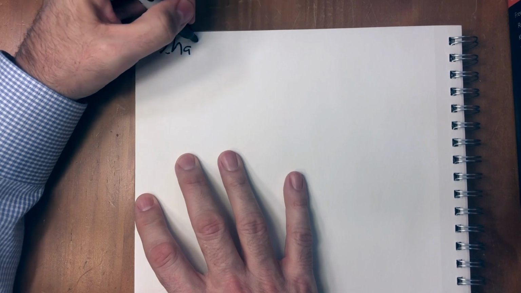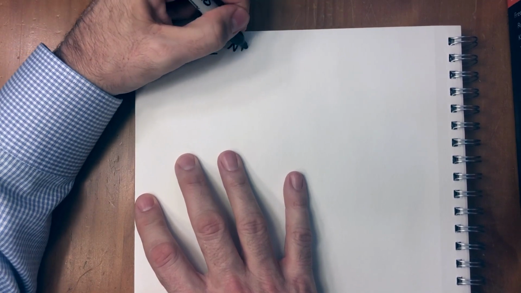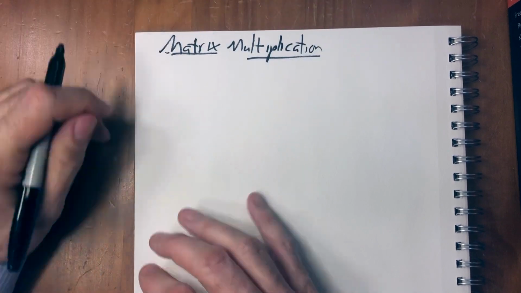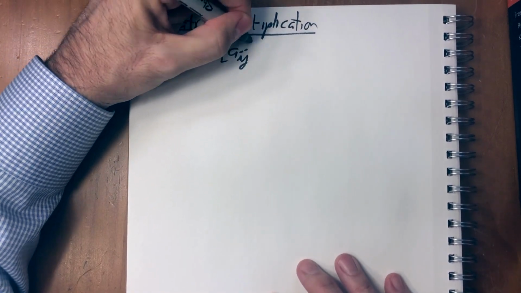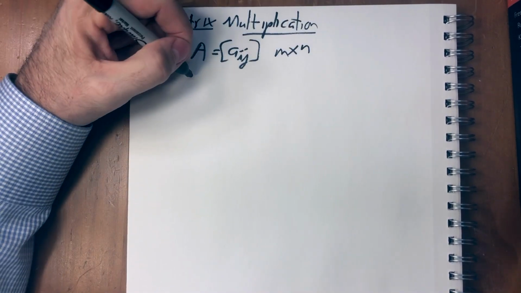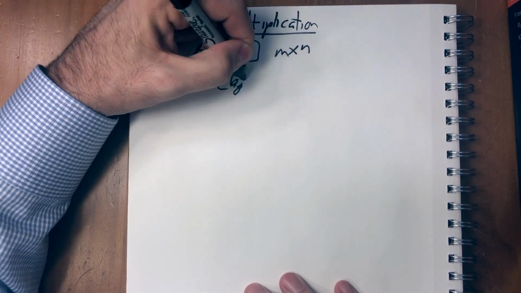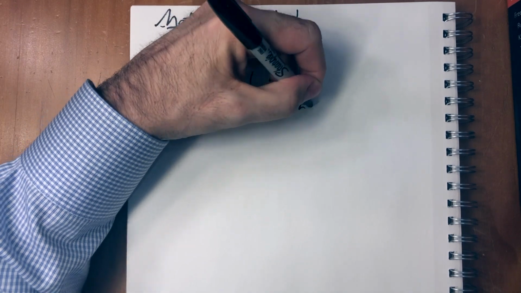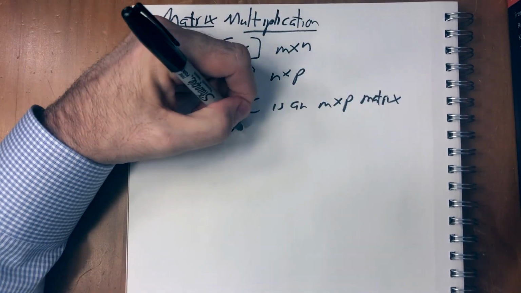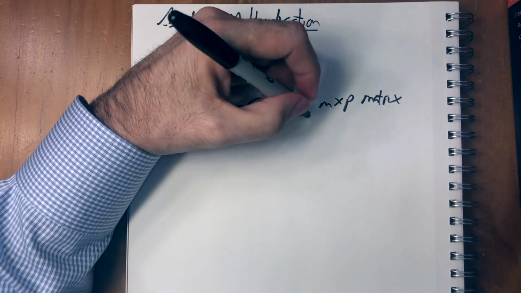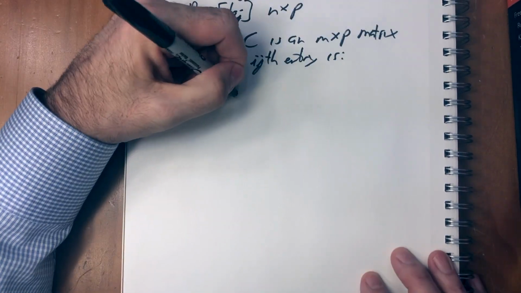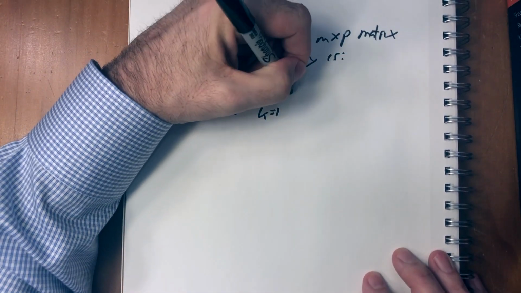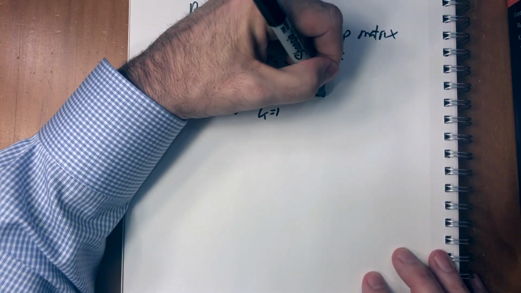So now the most important operation on matrices is matrix multiplication. If A is an m by n matrix and B is an n by p matrix, then AB is an m by p matrix whose ij entry is Cij equals the sum from k equals 1 to n of a_ik times b_kj.